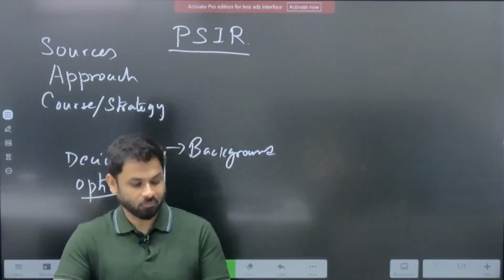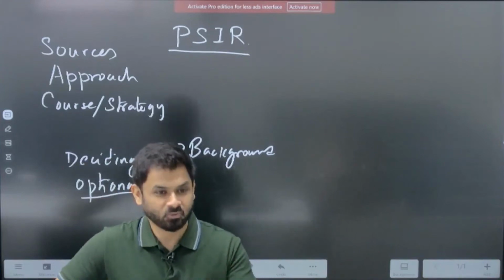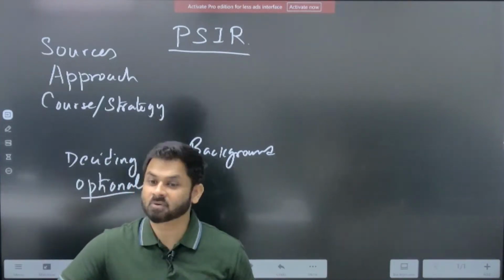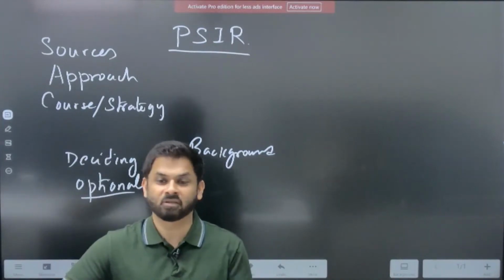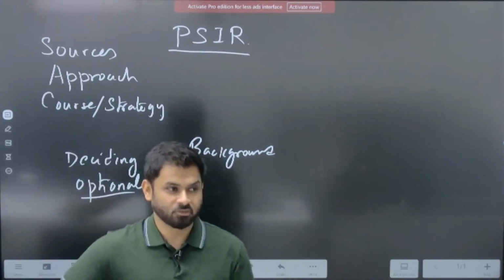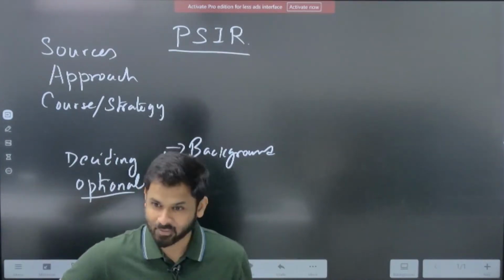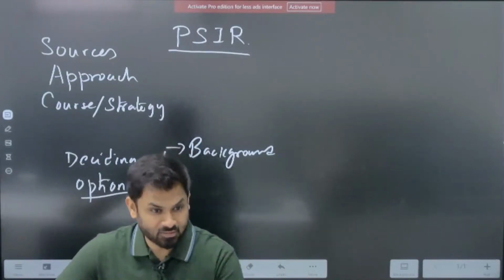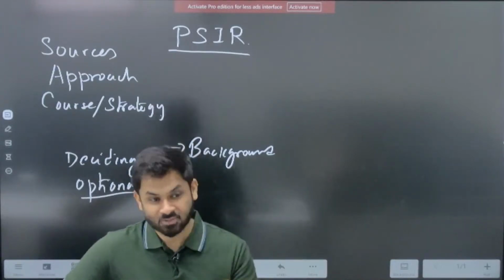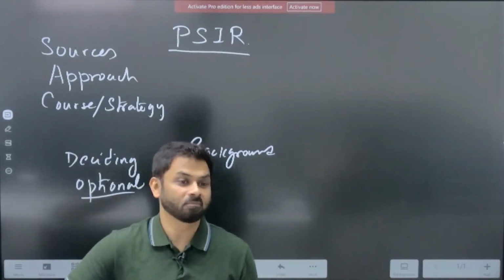So any of the social science streams, it will be easier for you to study. But you know what is the purpose of the class? The purpose of the class is that I will assume that you know nothing about the subject, absolute zero. And it is better if you know nothing about the subject, because it will help me to build upon everything from the clean slate, and your concepts will be far more clear than if you are building from the basics.